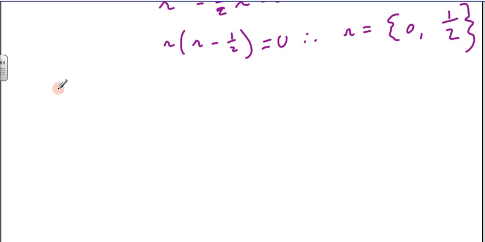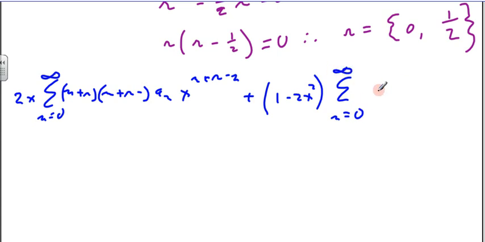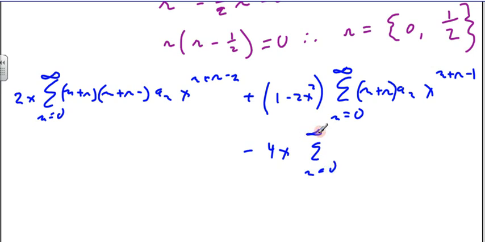Okay, so I've got 2x summation n equals 0 to infinity (n plus r)(n plus r minus 1) a n x to the n plus r minus 2, plus 1 minus 2x squared summation n equals 0 to infinity (n plus r) a n, better put parentheses, x to the n plus r minus 1, minus 4x summation n equals 0 to infinity a n x to the n plus r is equal to 0.